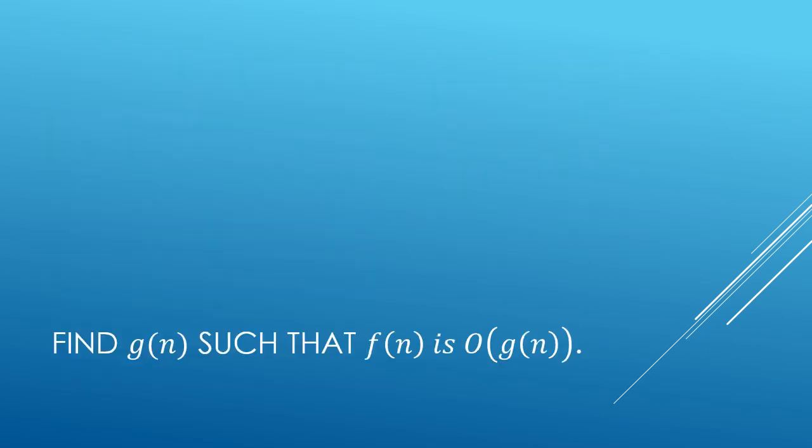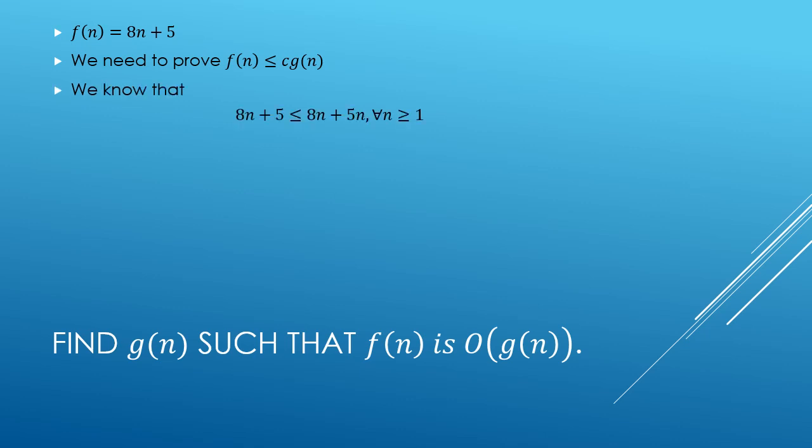We have this question. Find g(n) such that f(n) is O(g(n)). f(n) is 8n plus 5. We need to prove f(n) is less than or equal to c g(n). So I need a function g(n) which would satisfy this relation for a particular value of c and n naught. We know that 8n plus 5 is less than or equal to 8n plus 5n. In an inequality, if you subtract something from the smaller side, the inequality is not affected.